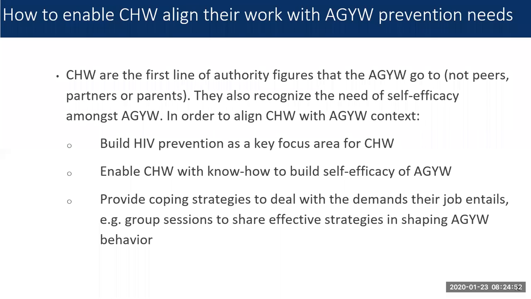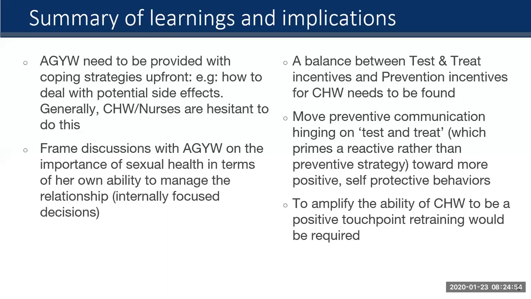Next slide, please. So just a quick summary of the findings. Adolescent girls need to be given coping strategies and goals that are relevant, and we need to make sure that community healthcare workers and nurses are willing to speak to them about negative things as well as positive things, but that everything is framed within that reward framework.